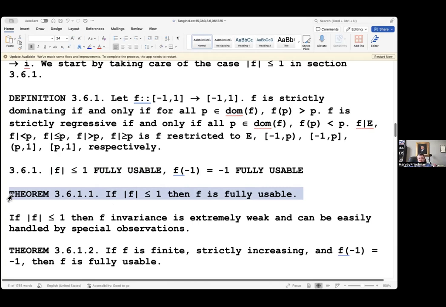It's very specific, and it's easily handled by special observations. There's no issue involved that's substantial, but it's a little tricky to do, but it's done in the manuscript pretty completely.